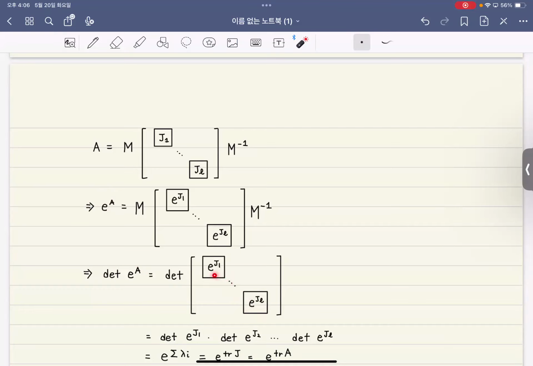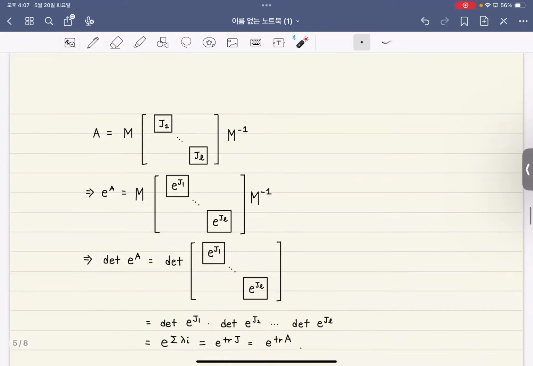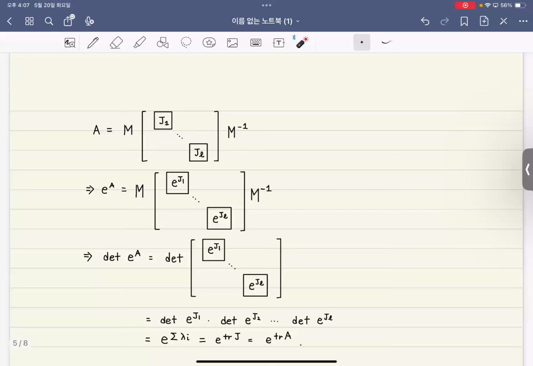How do you find the determinant of a block diagonal matrix? You compute the determinant of each of these blocks and you multiply them all together. So the determinant of this guy times this guy, times the determinant of this guy, and you take the product.